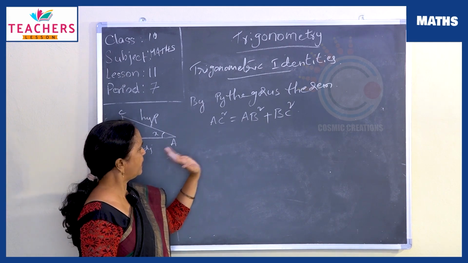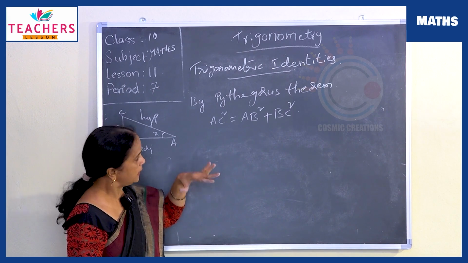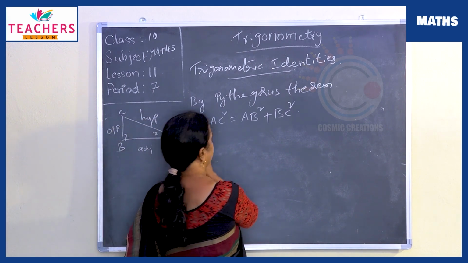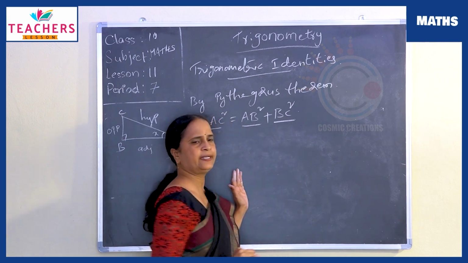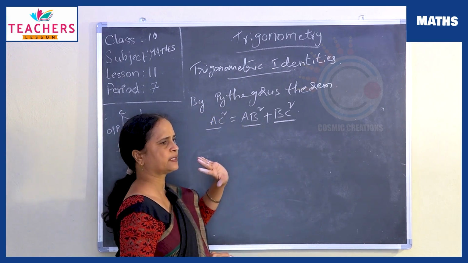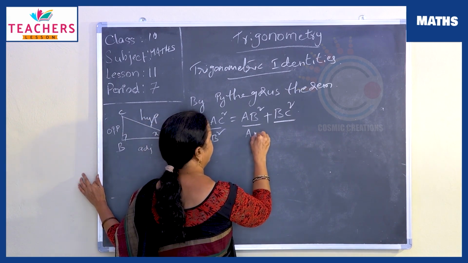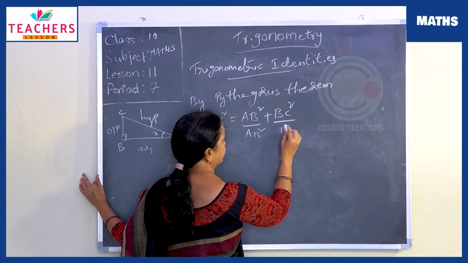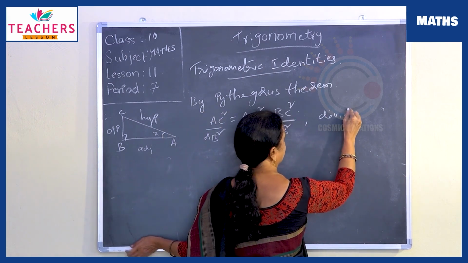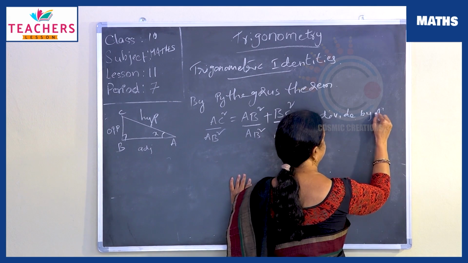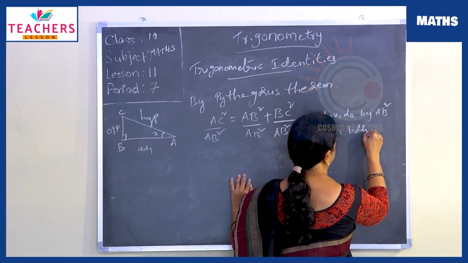First, what I have done is divide by AC square. Now I am dividing the left and right sides by AB square, on both sides.